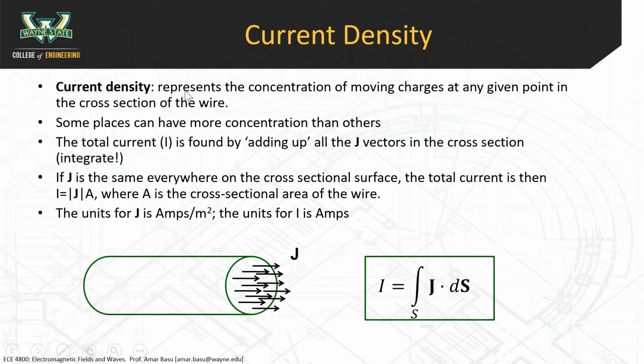So let's define what current density is. Current density is the concentration of moving charges at any given point in the cross section of the wire. The reason we have current density is because some places can have more concentration than others. This is a really simple example where you have a wire of uniform cross-section, and the current density may or may not be the same everywhere.